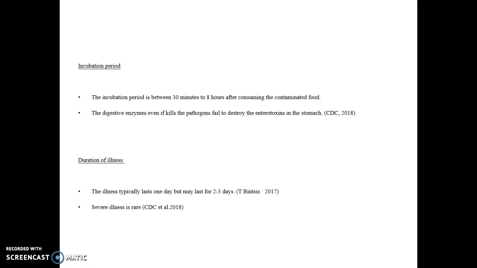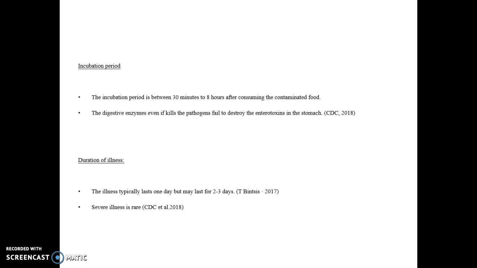The digestive enzymes present in the stomach can destroy these Staphylococcus aureus bacteria by their acidic nature, but they fail to act on the enterotoxins which are produced by the bacteria. The duration of the illness usually lasts 1 day and can sometimes go for 2 to 3 days.